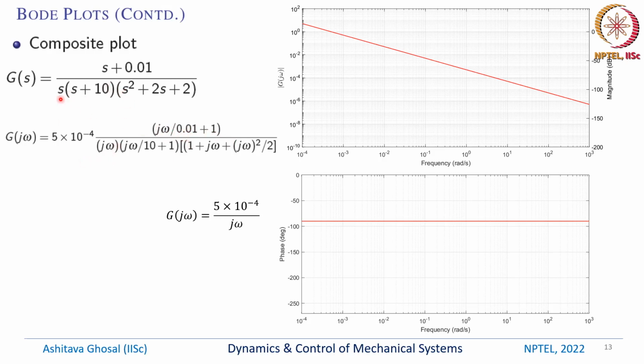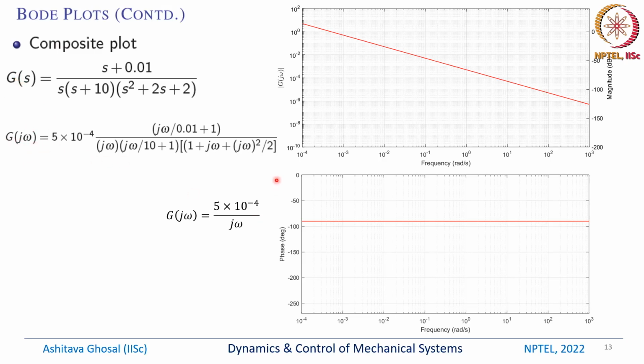Likewise, with s as j omega, this s plus 10 will become j omega divided by 10 plus 1. And this quadratic term will become 1 plus j omega squared divided by 2. So the first step is to convert from G of s, the Laplace transform, into this G of j omega.